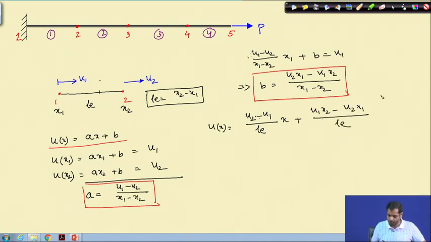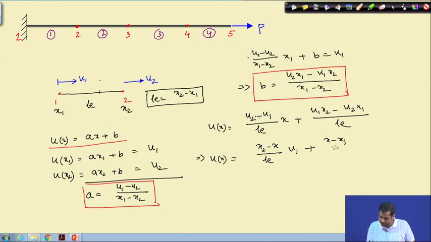That is the expression for u. Now, with a little bit of manipulation, what we get is (x2 minus x) divided by LE into u1, this is very important, plus (x minus x1) by LE into u2. This is a very important expression.